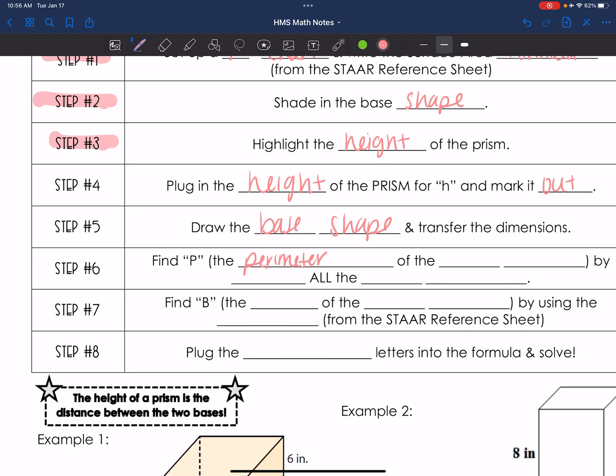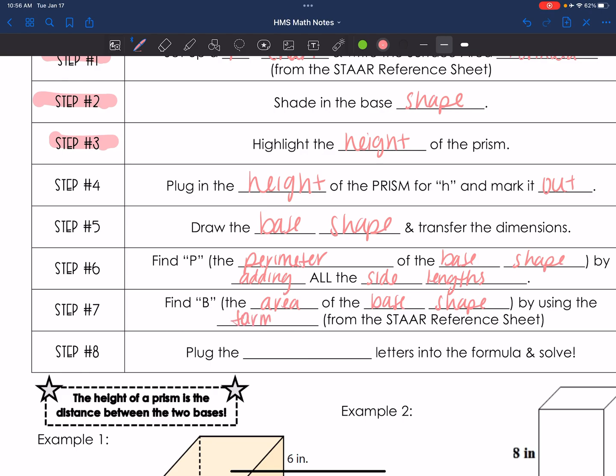Step 6, find P, which we know to be the perimeter of the base shape. This we did yesterday, or previously. We add all the side lengths. Step 7, find B, which we know to be the area of the base shape, by using the formula.